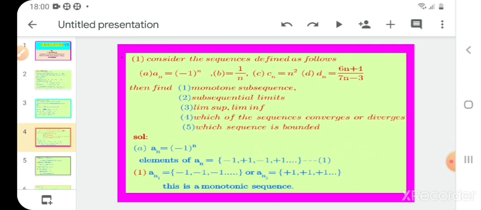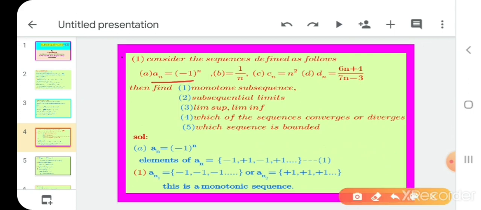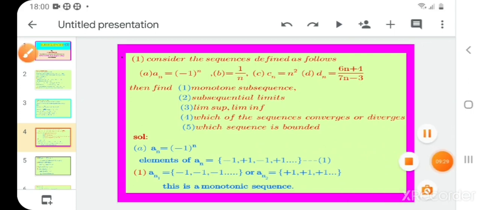What are they? First, we have to show that each of the given sequences has a monotone subsequence. Here we have 4 sequences an, bn, cn, dn.